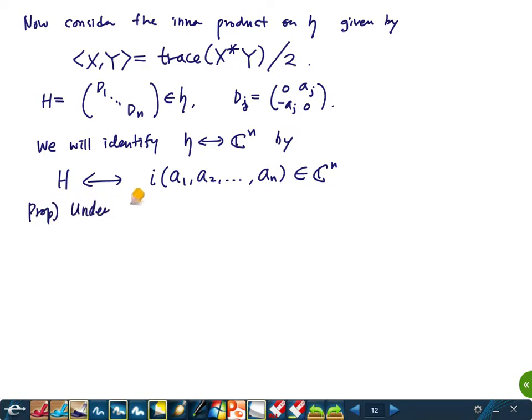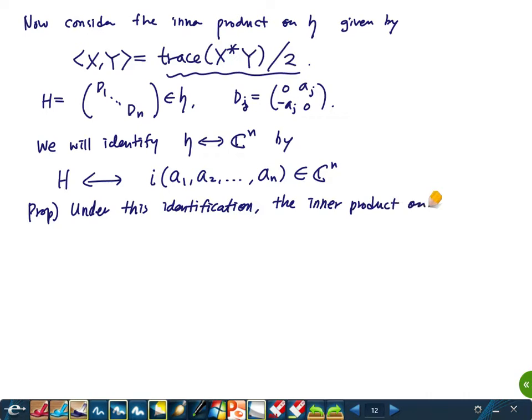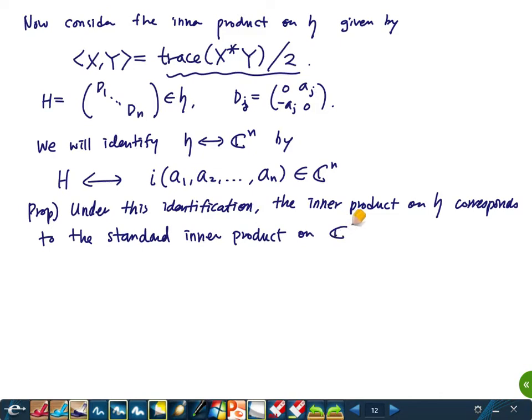Under this identification, the inner product on H corresponds to the usual, the standard inner product, which is nice, on C^n.